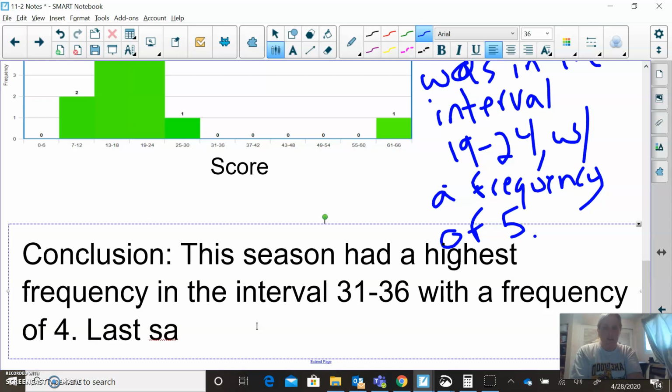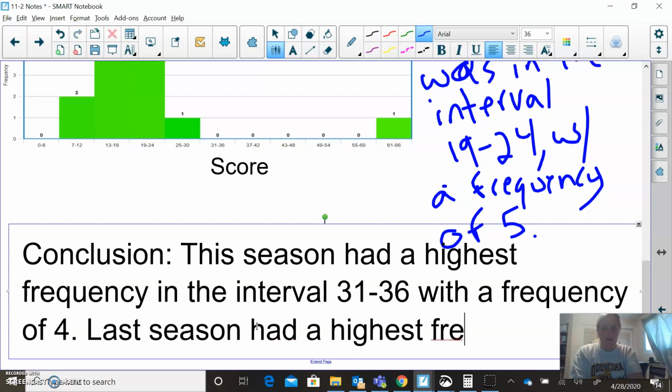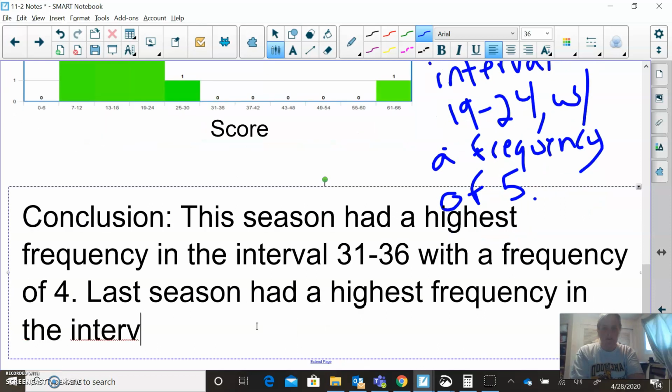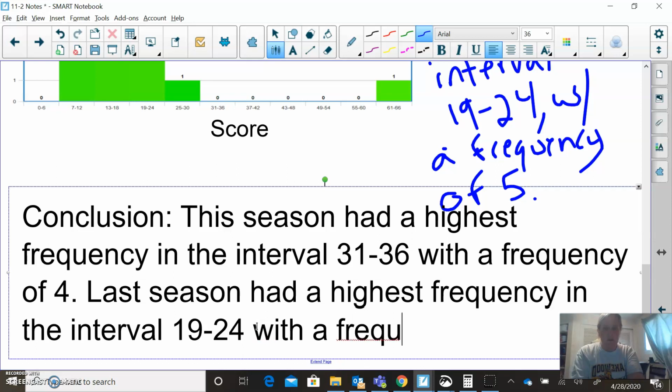Last season had a highest frequency in the interval 19 to 24, with a frequency of 5.